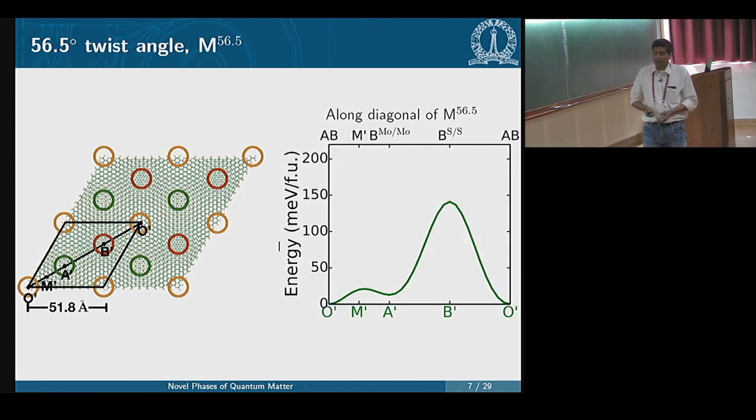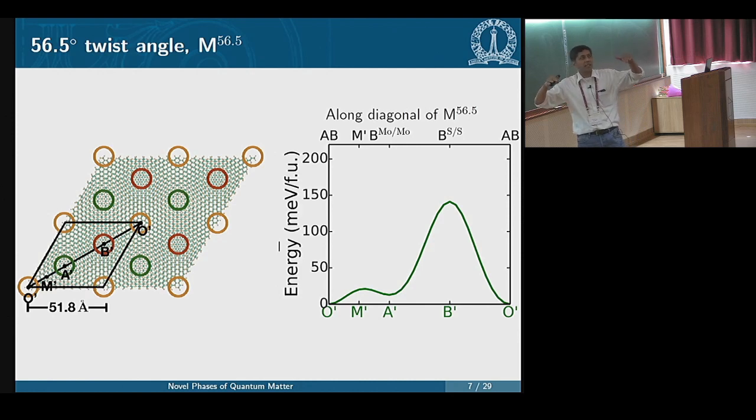Here, unlike in the previous case, where the Bernal moly on sulfur and the Bernal sulfur on moly had the same energies, if you go along the diagonal of the Moiré supercell, the two stackings are distinct and they have different energies. So when I do a relaxation, some effect of this will show up in the relaxation pattern.